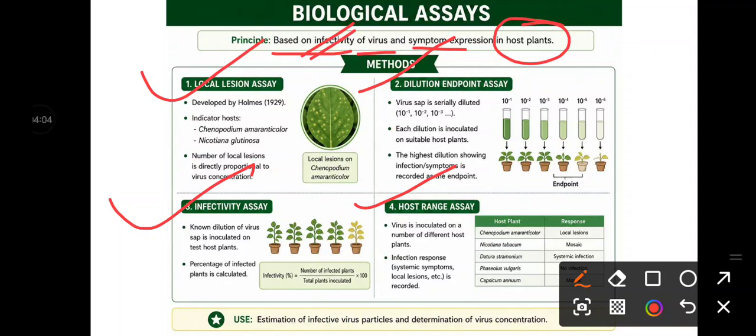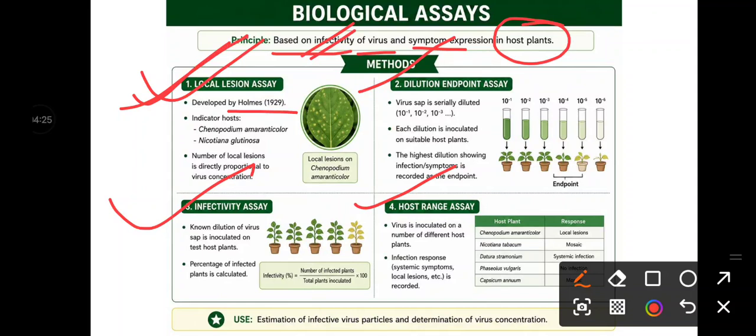This is the first assay used in plant virus for the estimation of concentration, and it was developed by Holmes in 1929. This is a very important MCQ-based question, repeatedly asked in ASRB NET and other competitive exams.